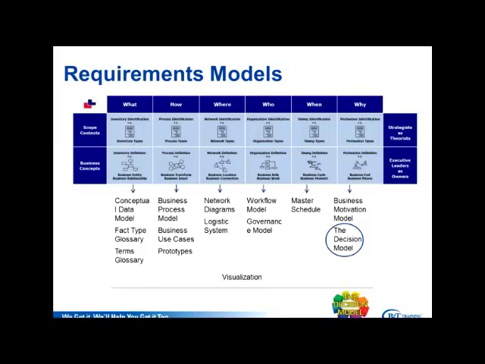Think for a moment about the importance of the why column as a business analyst. You already know that the what column represents data and information, and the how column represents processes. But what does the why column represent? It happens to be the last one we're developing, right? But the why column actually represents the intellectual thinking and reasoning behind decisions that are sitting in your processes or your actual business.